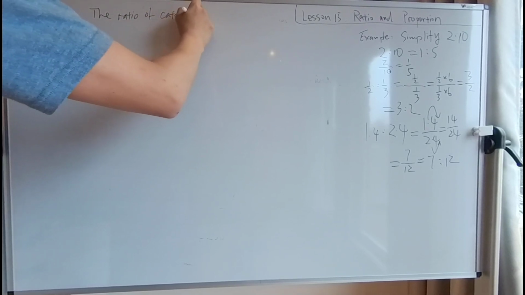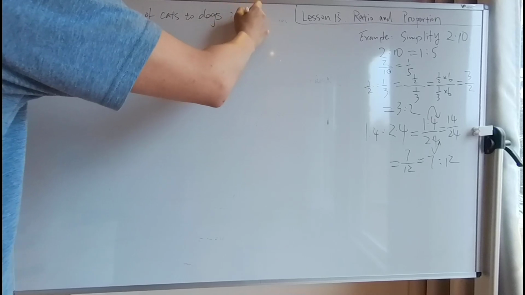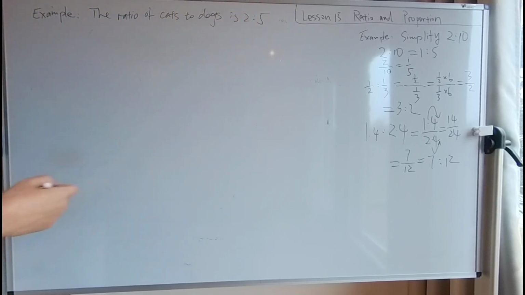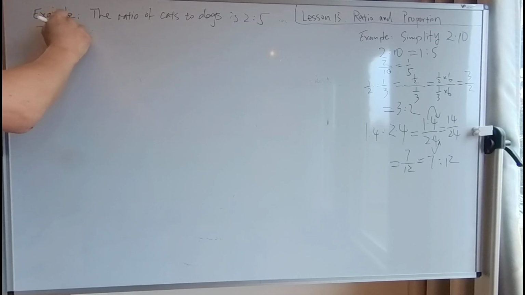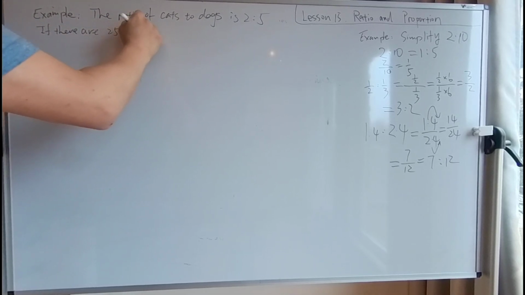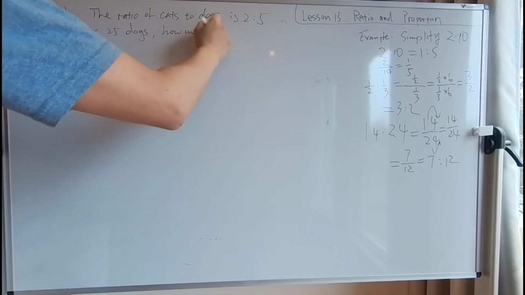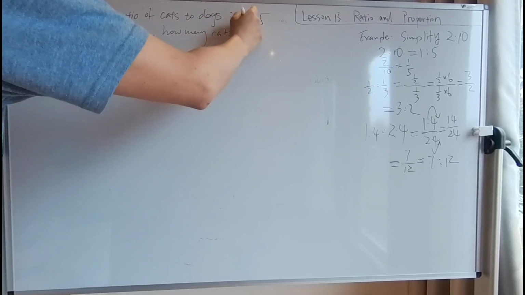The ratio of cats to dogs in a pet shop is 2 versus 5. If there are 25 dogs, then how many cats do we have?